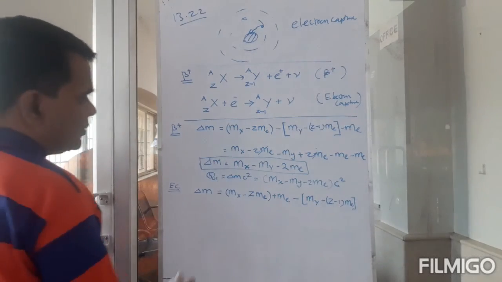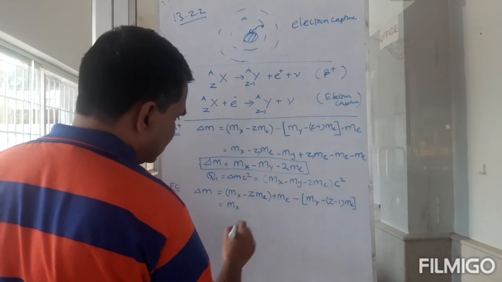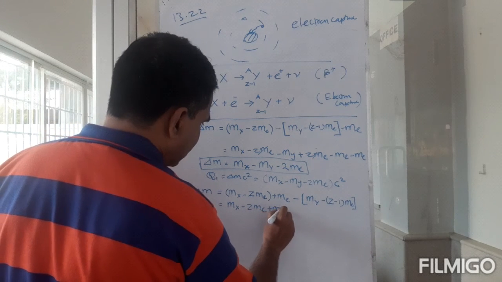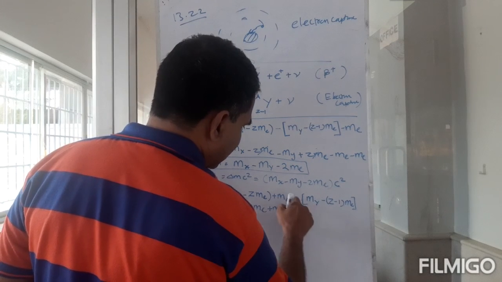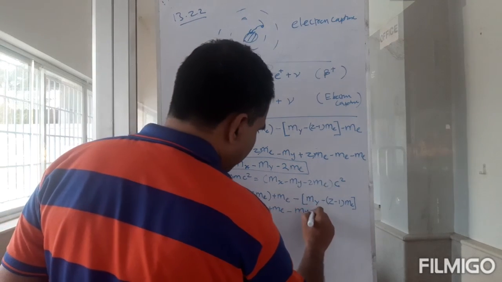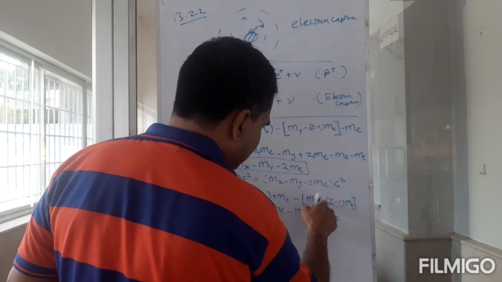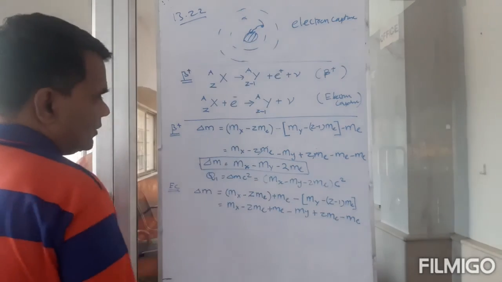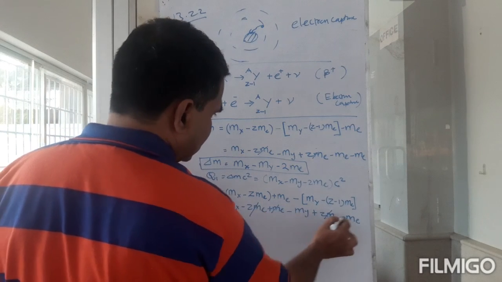That's it. So what am I going to get here? I'm going to get Mx, the atomic mass of X, minus Z me plus me, then minus My, then minus minus plus Z me, minus minus minus minus me. So this cancels with this, cancels with this.